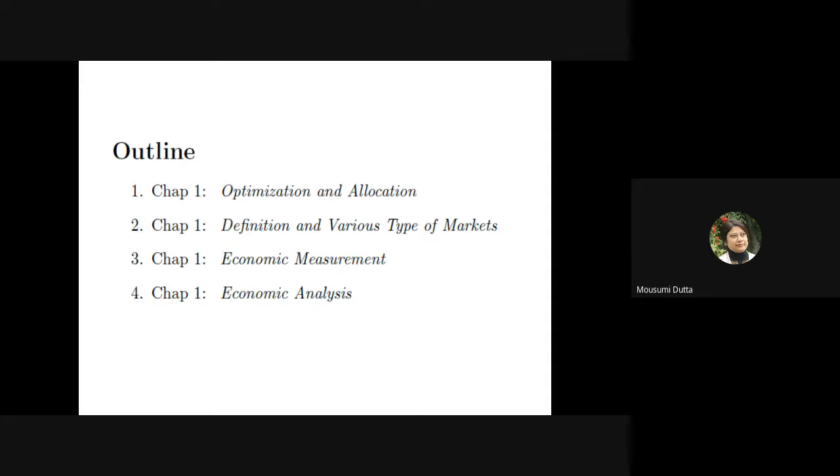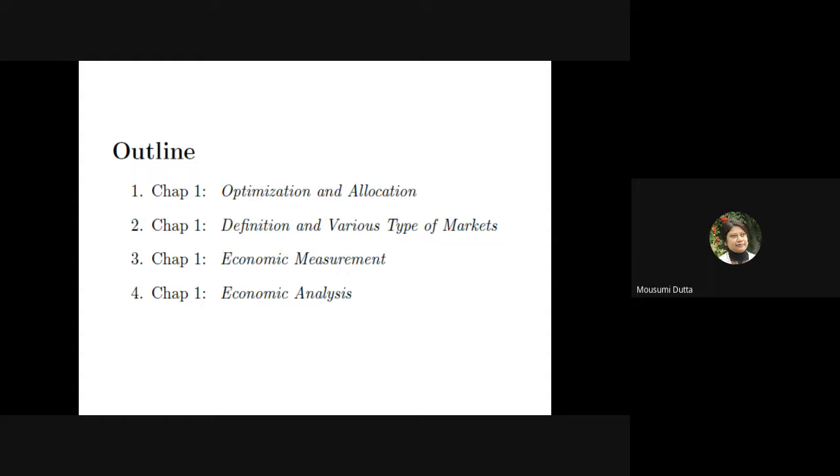This individual may be an individual human being, household, region, state, or it can be a country, it can be the entire universe as well. So when we are talking about micro and focusing on the individual, it is all up to you how you are defining that individual.